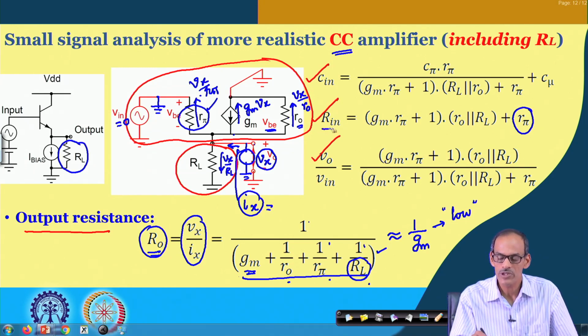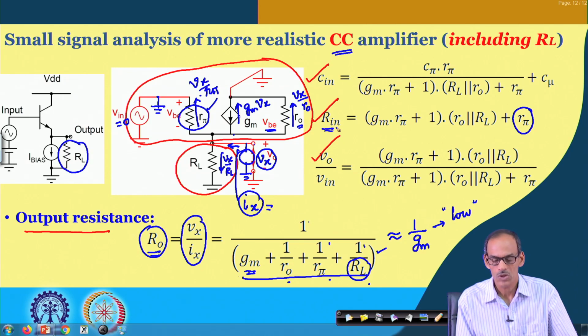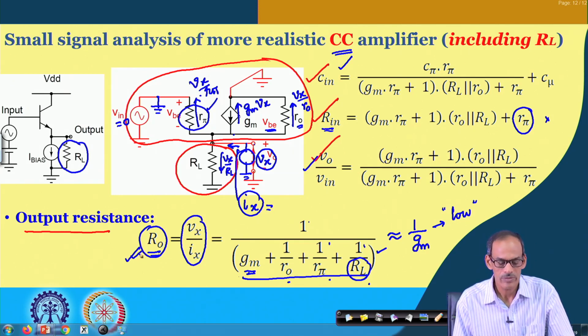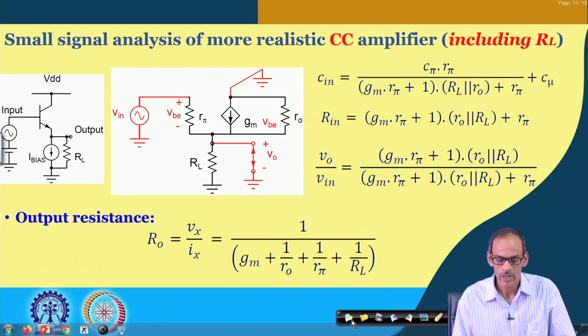So, the input resistance for the common drain stage is anyway high, and we may ignore this part. For the rest of the parameters, namely Cin, voltage gain and then output resistance, we can think of them, and everywhere again we can converge to the same conclusion. So, let us see what I do have for you.